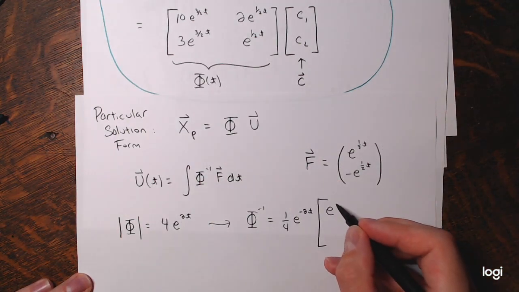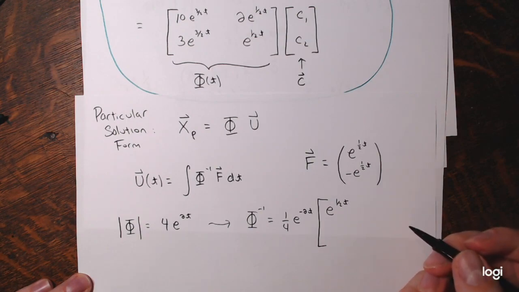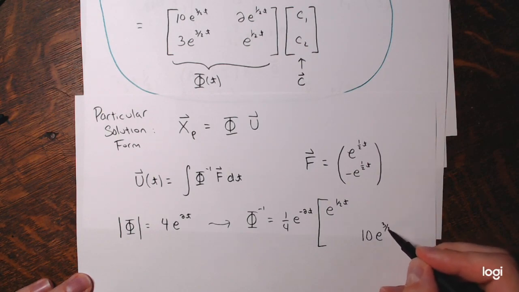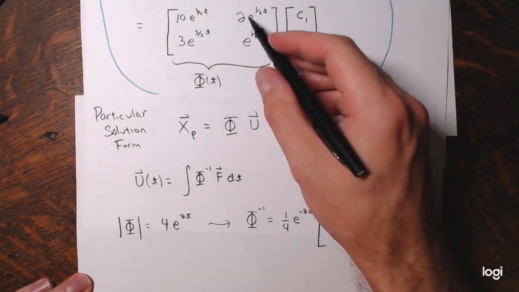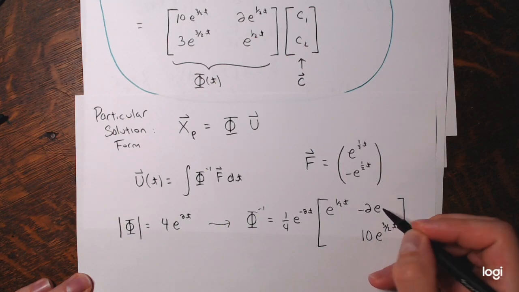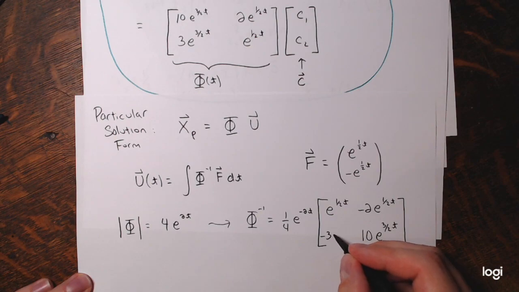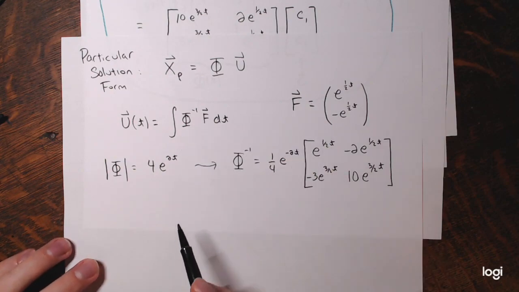So e to the half t up here, and then 10 e to the 3 halves t here, and then take the opposite of the other two: negative 2 e to the half t, and negative 3 e to the 3 halves t. Okay, there's phi inverse.